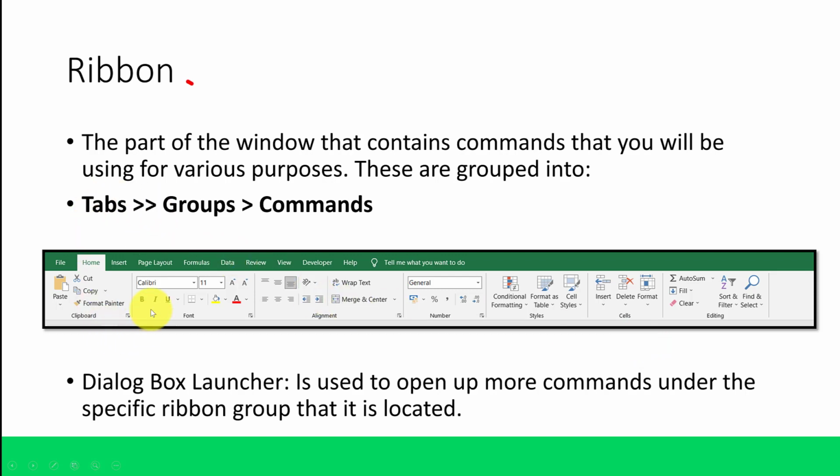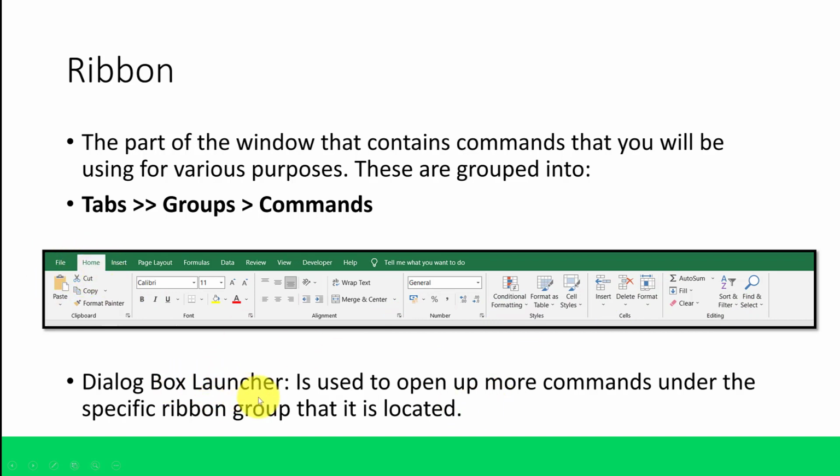We have the ribbon, which is made up of tabs, groups, and commands. So these individual things, cut, copy, format painter, those are the commands. Related commands are put together to form a group. So this is the clipboard group. Then all these, the clipboard group, together with the fonts group, the alignment group, number group, styles, cells, editing, they all come together to form the home tab.